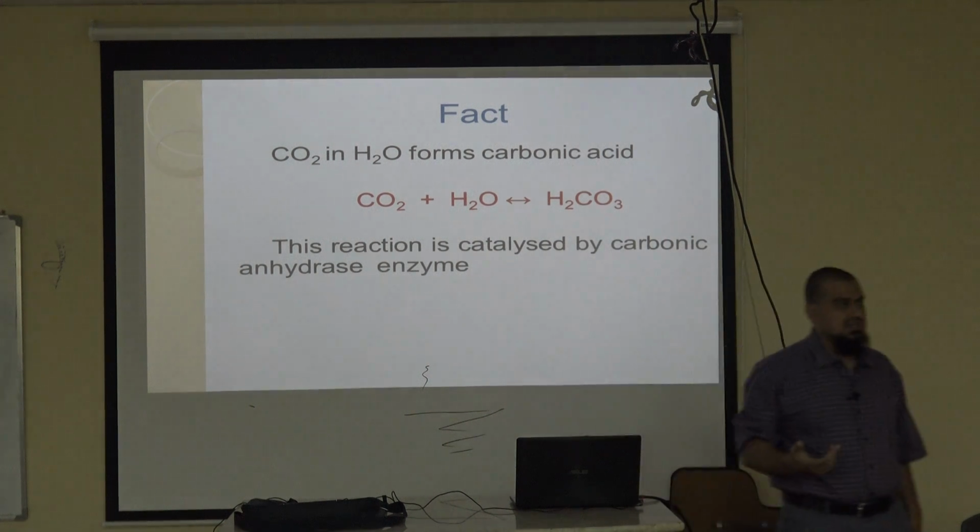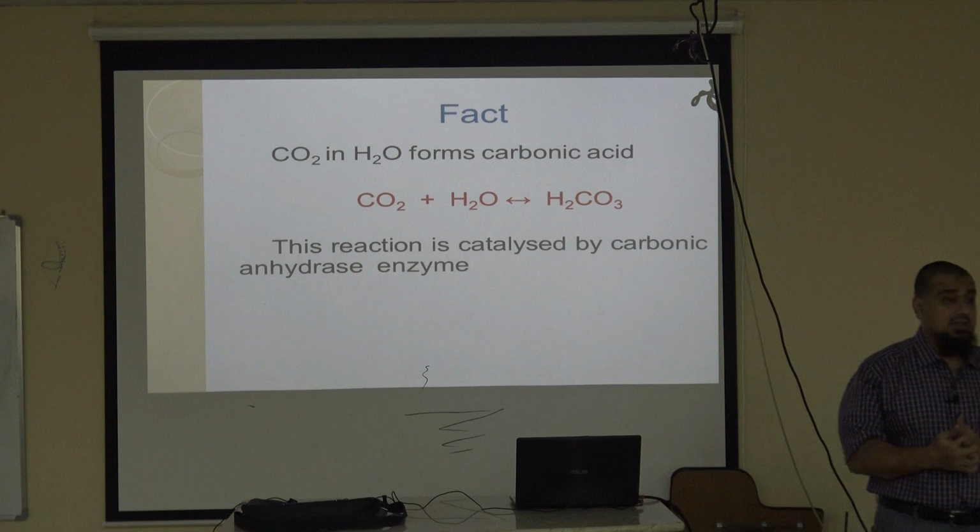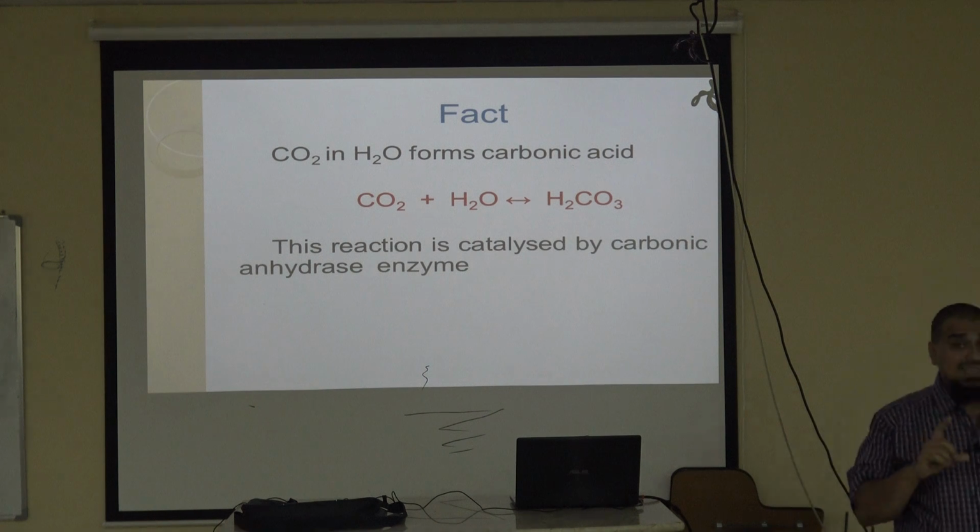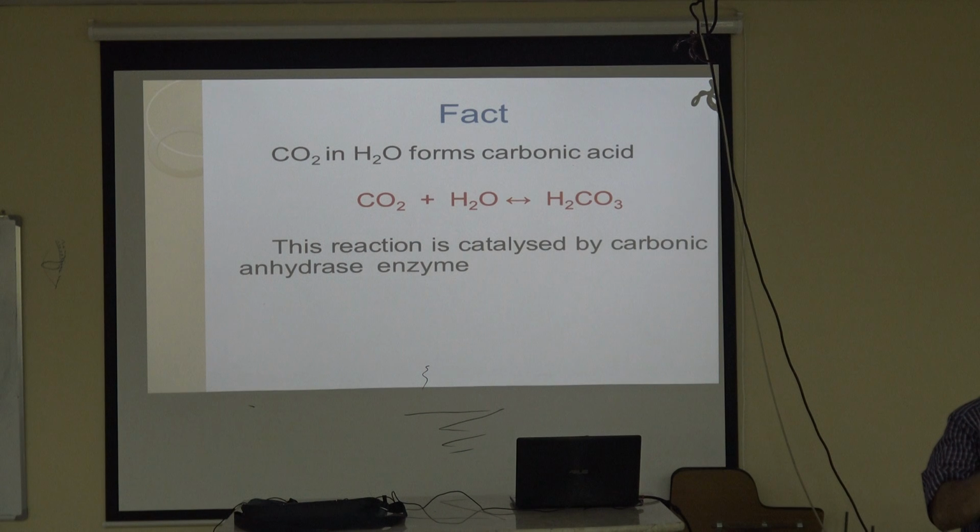Carbonic acid is a weak acid, but we are having it all the time. So either we produce direct acids as a result of metabolism, like lactic acid, pyruvic acid, amino acids, fatty acids, phosphoric acid, or we produce carbon dioxide, and carbon dioxide is also a reflection of acid.